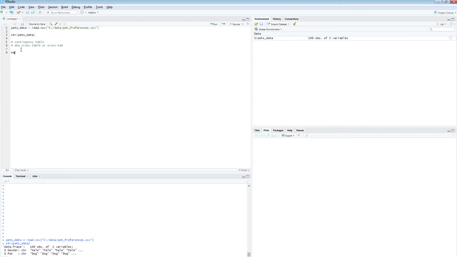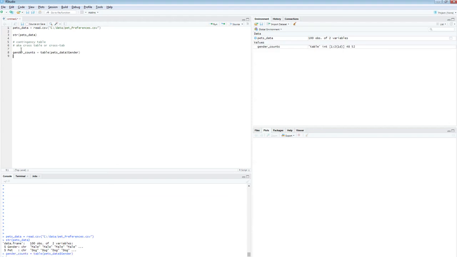I want to know in my file how many males and how many females I have. I know that in total it should be 100 people, right? So I'm going to say table, summarize the column, what, gender, right? So I'm going to have pets_data, column gender, summarize gender for me.